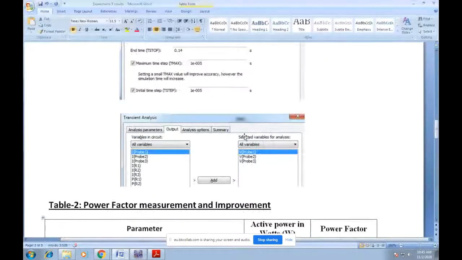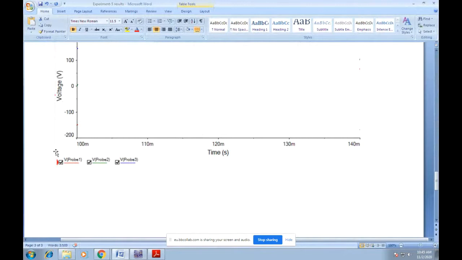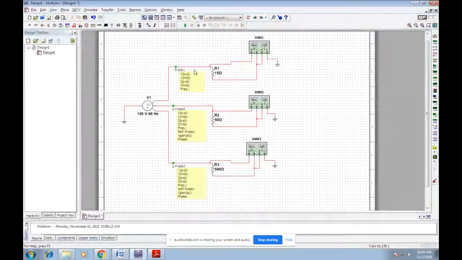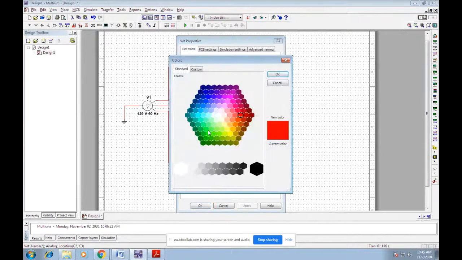Okay, and in this you can observe that probe 1 is in red color, probe 2 is in green color, probe 3 is in blue color. So we will change the colors. Double click this. We will use this as green color.